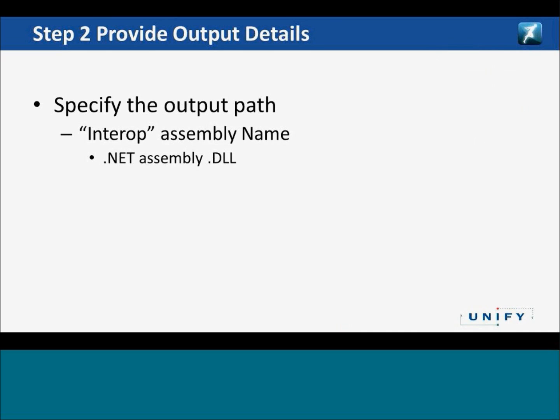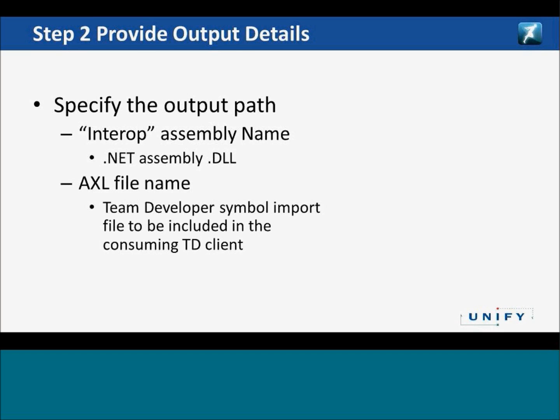Click Next then, and then you go to step 2 and provide output details. Specify the output path, the Interop assembly name, which is a .NET assembly, basically a DLL file that will be created by the wizard, and an AXL file name, Team Developer symbol import file, which will be included in the open application.